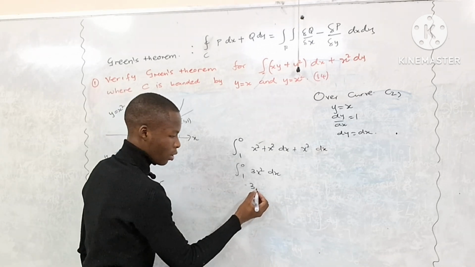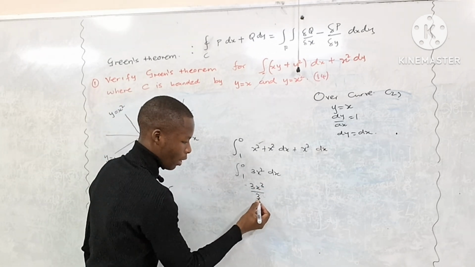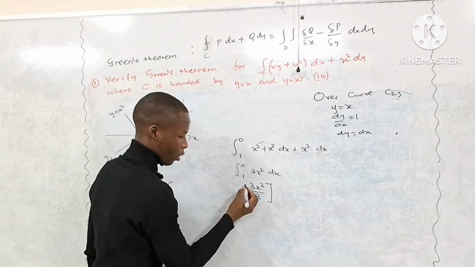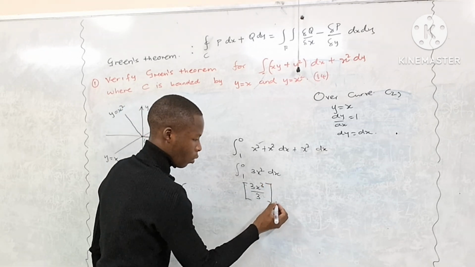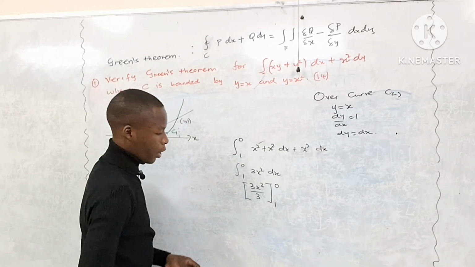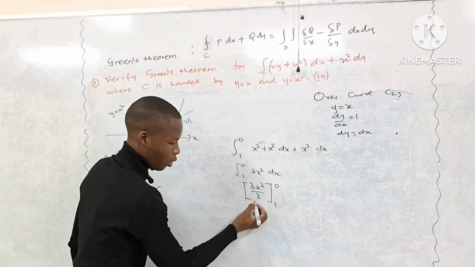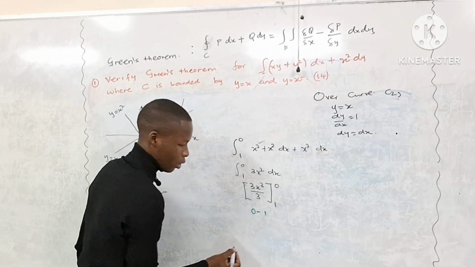If you integrate this, this is 3x to the power 3 by 3 from 1 up to 0. If you check, this is 0, subtract 1.